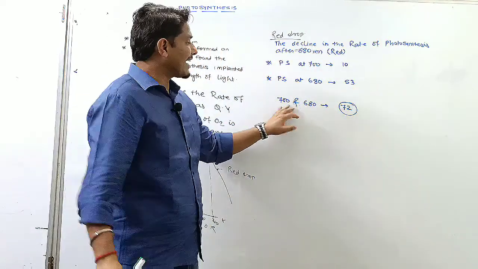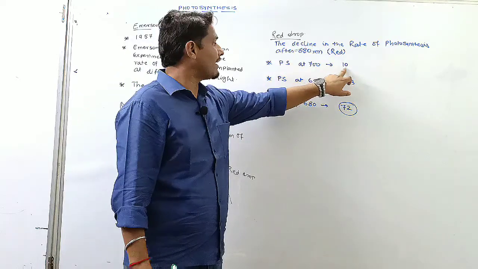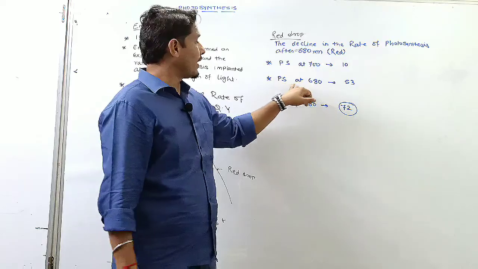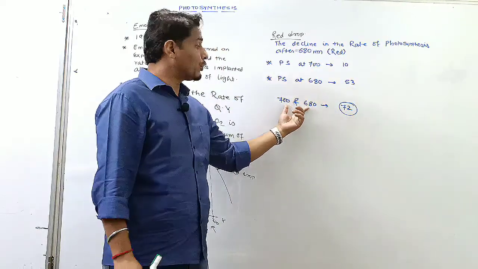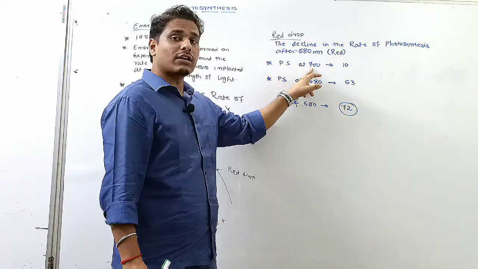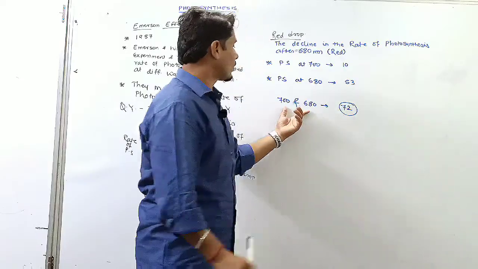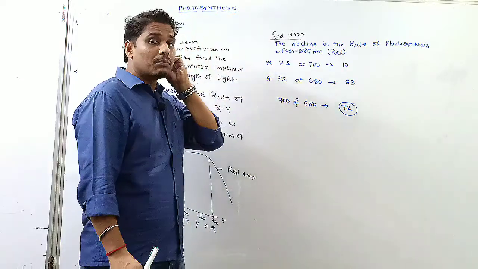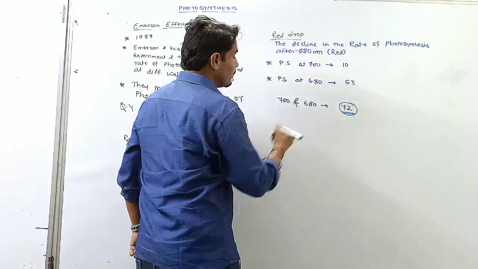So when the plant was exposed separately, the quantum yield was 10 at 700 nanometer and 53 at 680 nanometer. But when shorter and longer wavelengths were provided together, the quantum yield was 72.